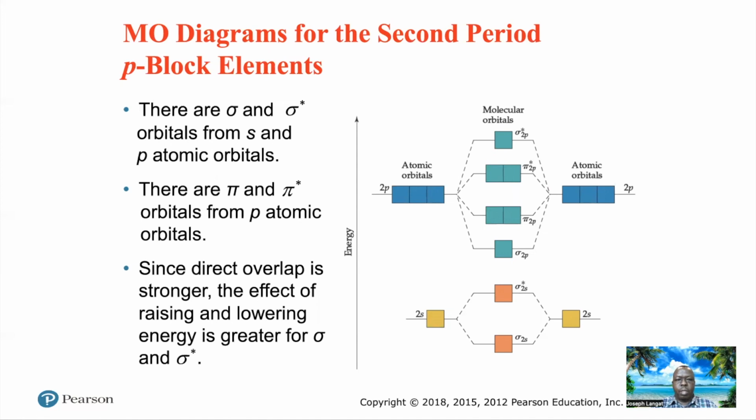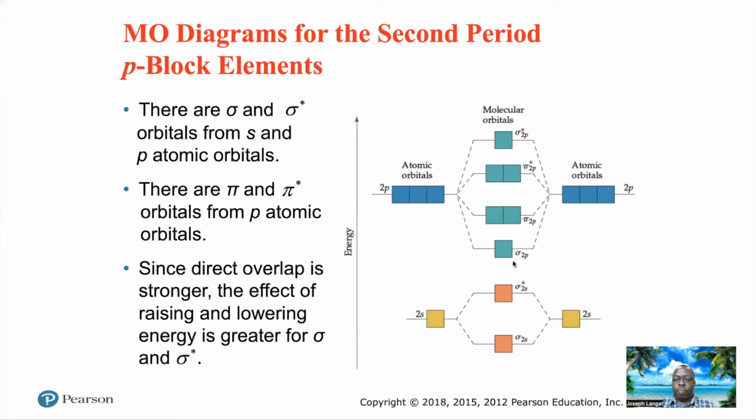There are sigma and sigma star orbitals. The star means antibonding, by the way. There are pi and pi star overlap for p orbitals. So if I have a 2s, these are sigma bonds, bonding and antibonding.